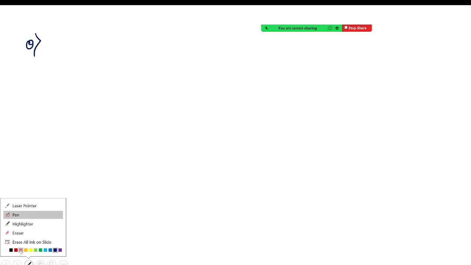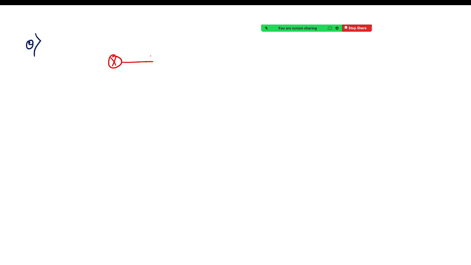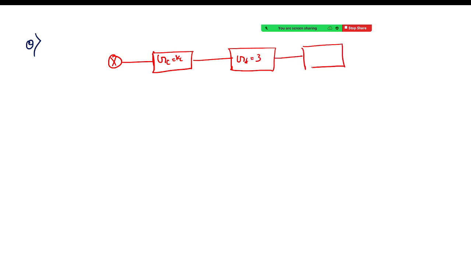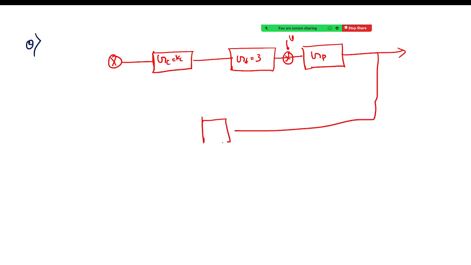Okay. So if it is clear, then try to solve one problem I'm giving you right now. Let's say this one is a process and this one is your controller GC having Kc. This is your GF having value 3, this one is your load, this one is GP, and this one is your output. GM is equal to 2.